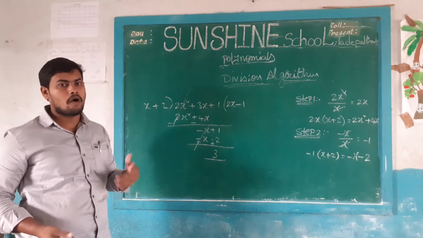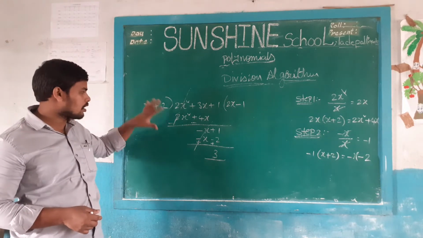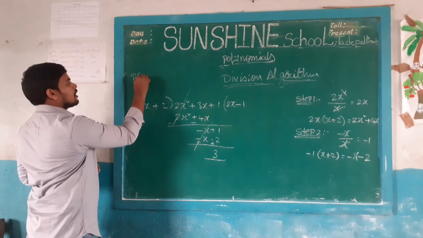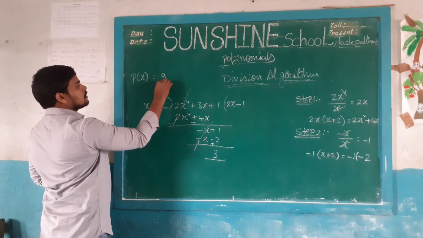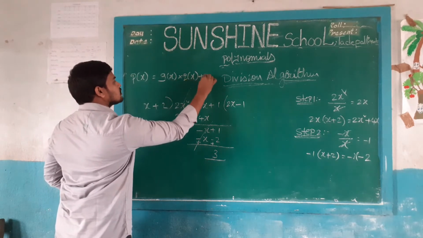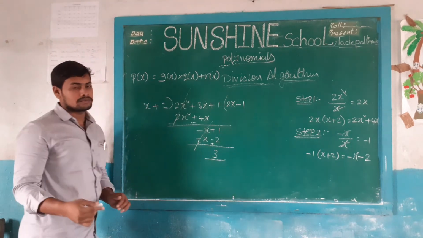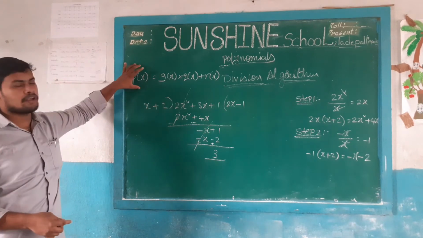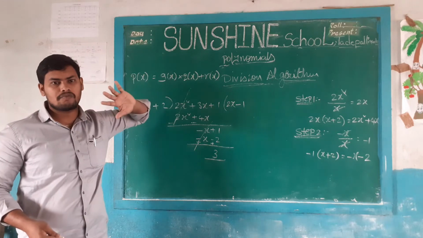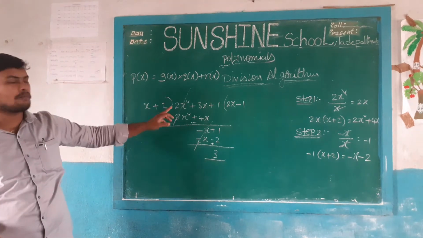So how can we verify the division algorithm based on this process? What is the division algorithm here? P of x equal to g of x into q of x plus r of x. This is the division algorithm. Here, what is the value of p of x?